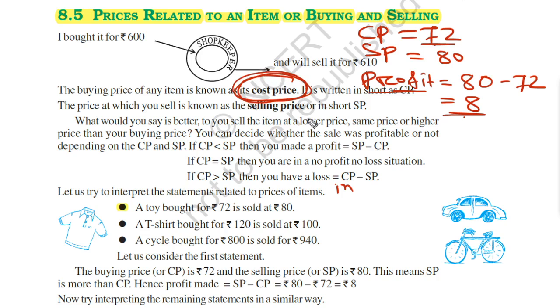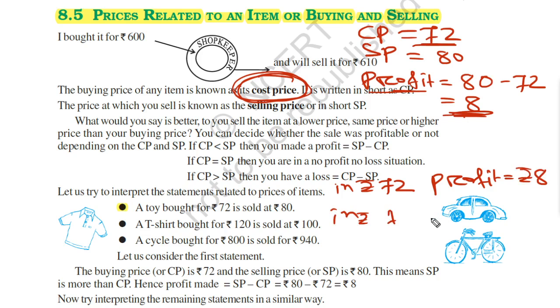So in rupees 72, profit equal to how much? Rupees 8. In rupees 1, profit will be equal to how much? 8 divided by 72.